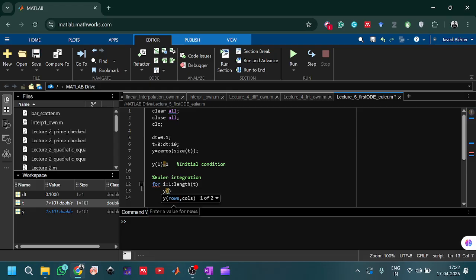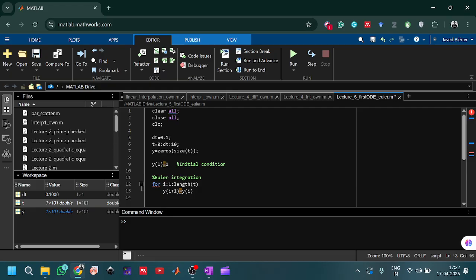So basically y_{i+1} equals, so what is the update rule? I have to put y_i. For i equal to 1, it will take the initial value here, and depending on the initial value, it will update y.